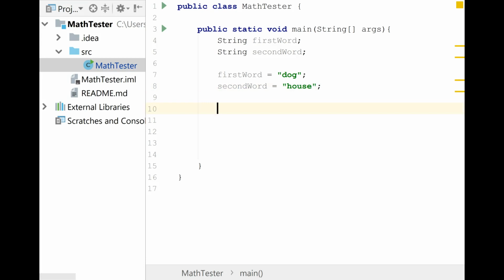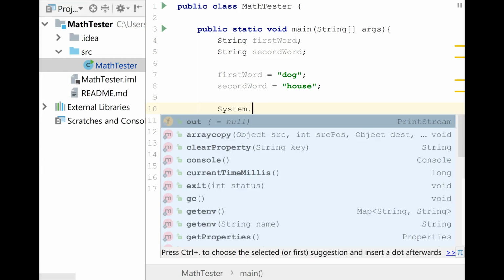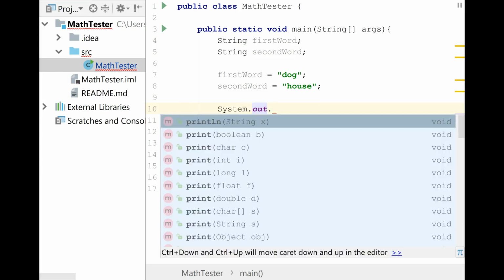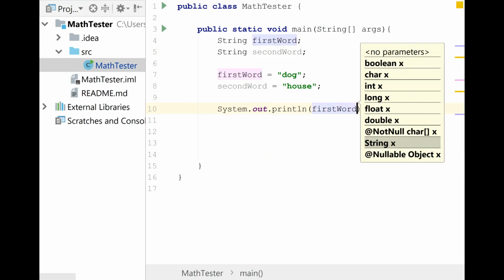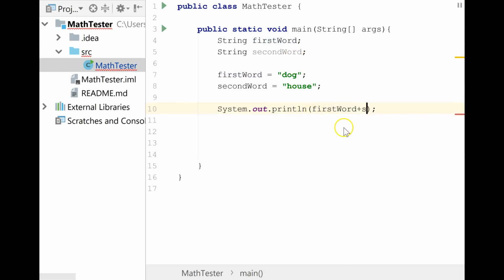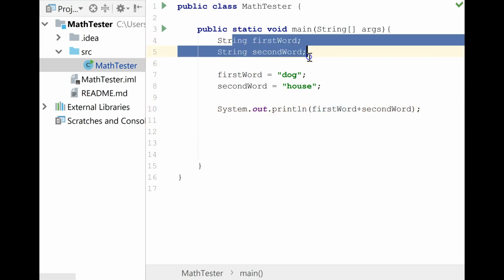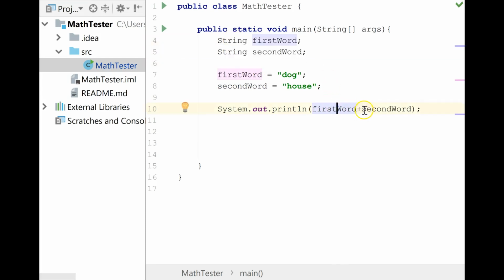Now, if I'm printing, System.out.println, and I say firstWord plus secondWord, it looks like we're doing math on it. But when we're dealing with strings, it's like two train cars getting put together. It's not adding them together, it's just combining them. So if I run this, it's going to combine those into one word.